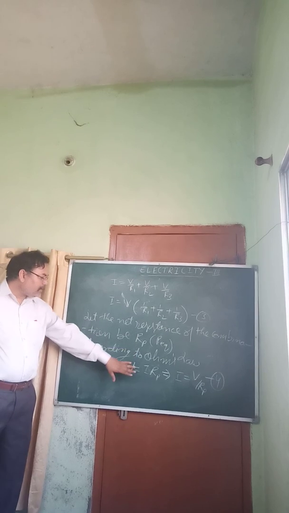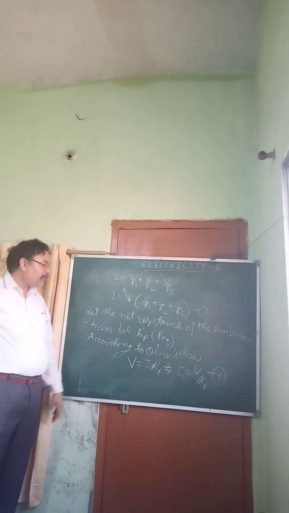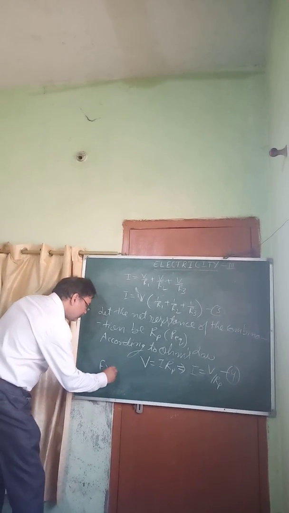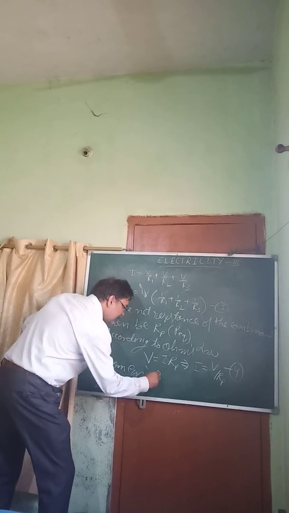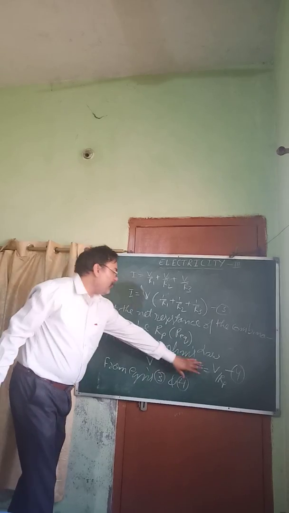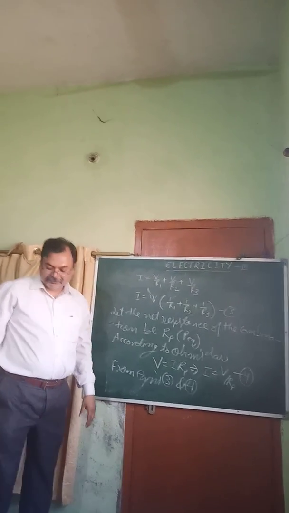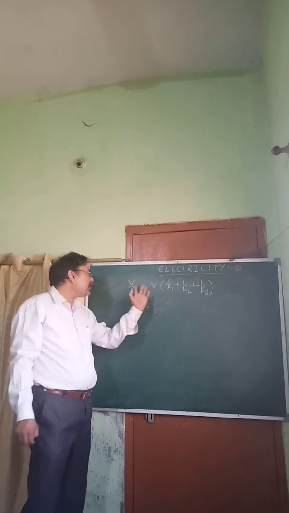So we got this value of I. We have got equation number 3. From equations 3 and 4, we have to put the value of I from 4 in 3. After putting the value from equation 4 in equation 3, we get this.